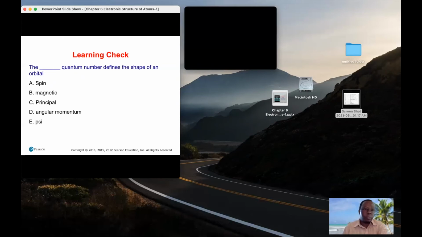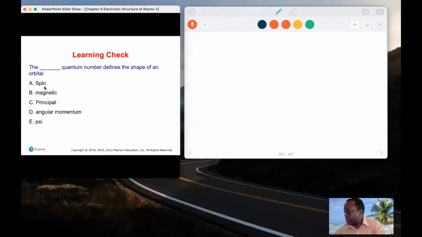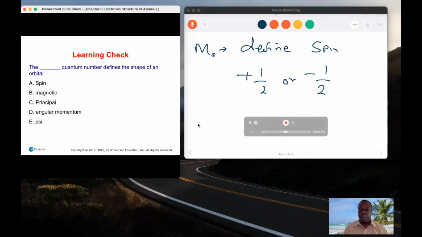The spin quantum number, m's of S, defines the spin of an electron and takes values of only plus 1/2 or minus 1/2. I had not talked about this before. It defines the spinning of an electron.